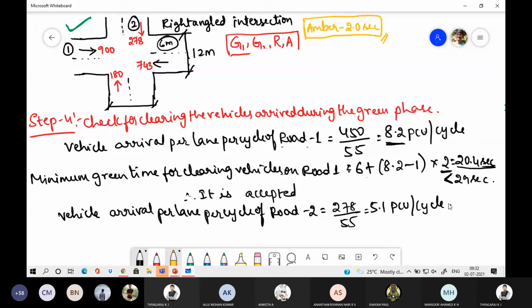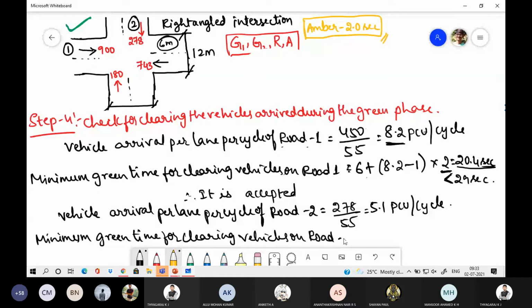Then similarly calculate minimum green time for clearing vehicles on road 2, which is equal to, here also, 6 plus 5.1 minus 1 into 2. This 6 is constant. So we are going to get 14.2 seconds, which is less than 18 seconds.